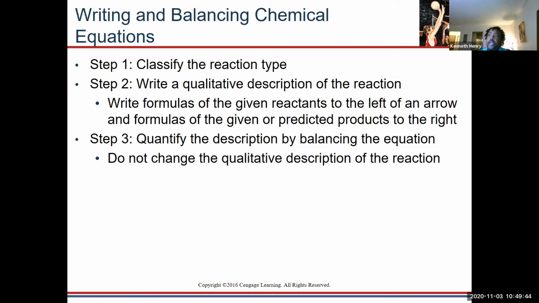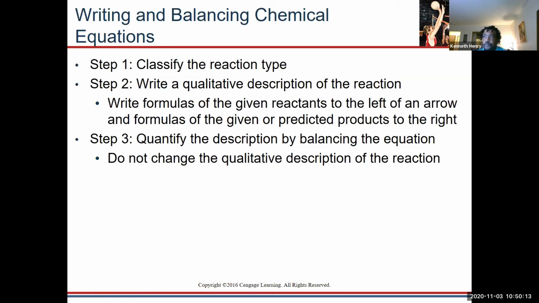Okay, good. Now it always helps if we can classify the type of reaction, because that makes it a little easier to predict what we're going to get. So you have to understand the different types of reactions. We're going to talk about only 4 of the major ones, and some of the other ones fall in place with those 4, or are special cases of those 4.